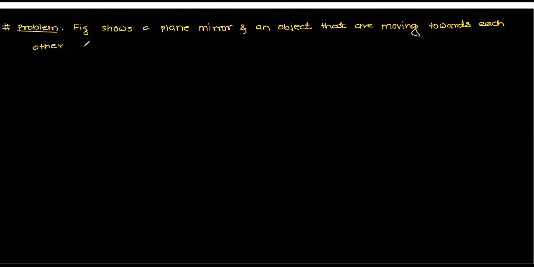Find the velocity of image. How to find the velocity of image in this problem?